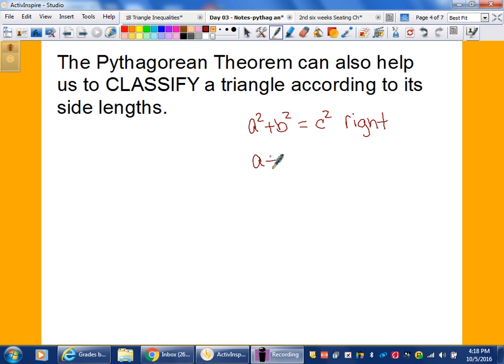If a squared plus b squared is less than c squared, then it's obtuse. And if a squared plus b squared ends up being bigger than c squared, then you have an acute triangle. This is how you can figure that out using just the side lengths of the triangle.